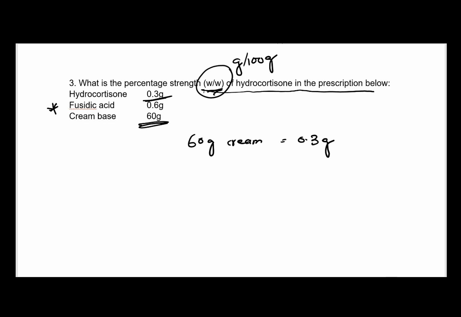Remember, I'm finding out weight by weight, which is how many grams will be present in 100 grams. In 60 grams, 0.3 gram will be present, and in 100 grams of the cream, it will be 0.3 divided by 60 times 100.